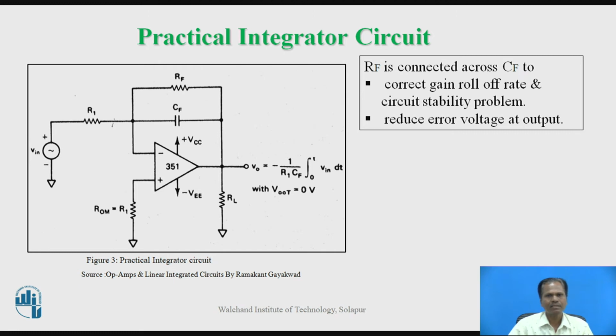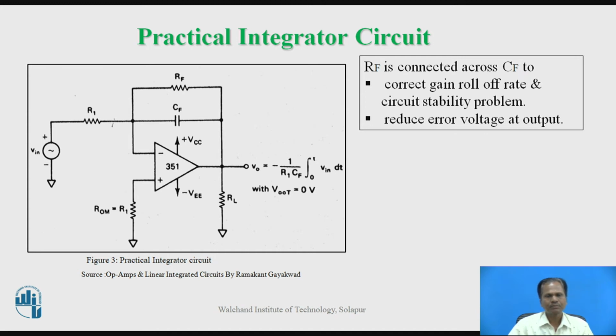Its reactance tends to infinity. So the input offset voltage VIO and a part of the input bias current charge the feedback capacitor CF and produce an error voltage at the output of the integrator circuit.